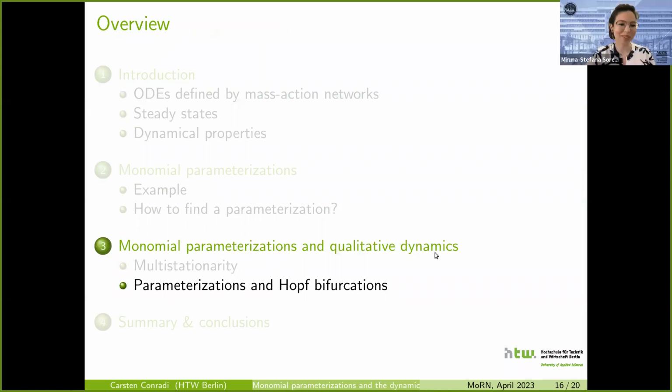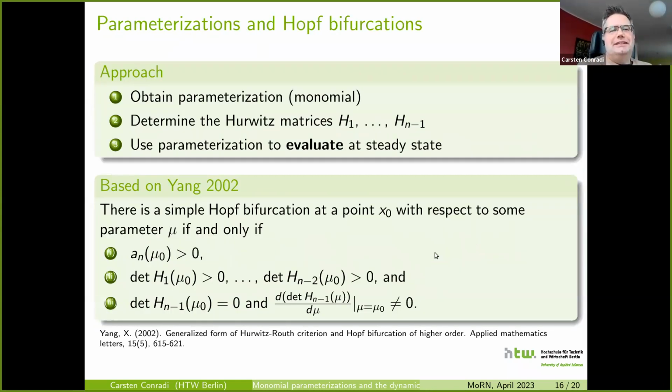Thank you. Okay, so the idea with the Hopf bifurcations, this is something that I recently started to work on, and the idea is to use this monomial parametrization and to combine it with Hurwitz matrices. Hurwitz matrices are defined by the characteristic polynomial of the Jacobian of a system.